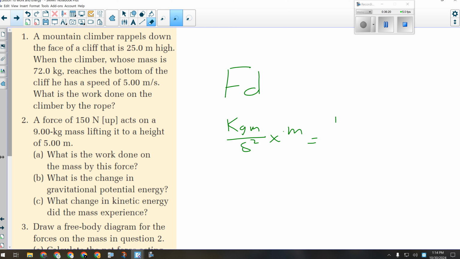So that gives you a kilogram meters squared per second squared, which is a Newton meter, or mercifully, a joule. You only ever have to write joules, but just so you know where those units come from, a joule is technically a kilogram meter squared per second squared. Okay, try 1 and 2 there, guys.